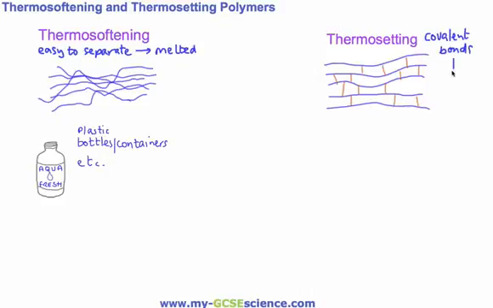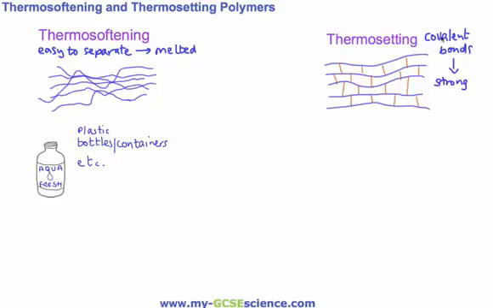And these covalent bonds are strong, and you have lots of these which will link up the different polymer chains. So what you have is these polymer chains which are very close together, but they also have these very strong covalent bonds that hold them together.